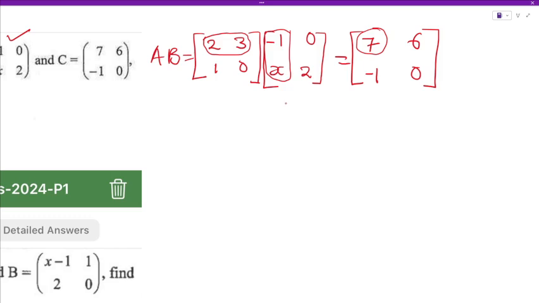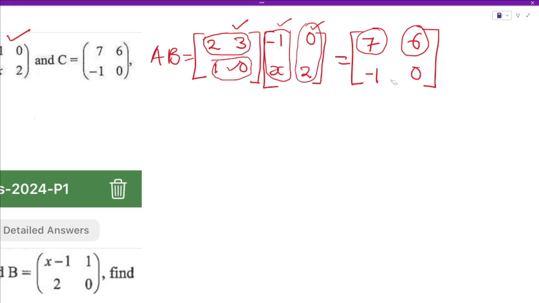This same row by this column here will give you the topmost value there. This row down here multiplied by that column will give you this value there. This same row multiplied by that column there will give you this bottom number there.